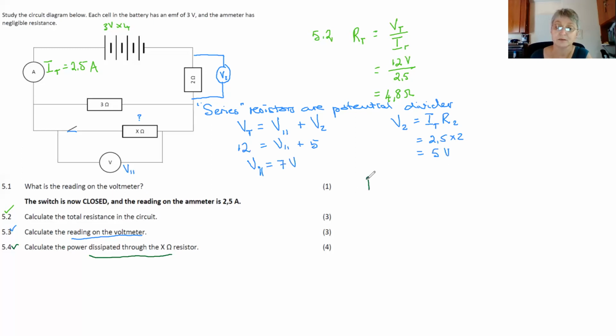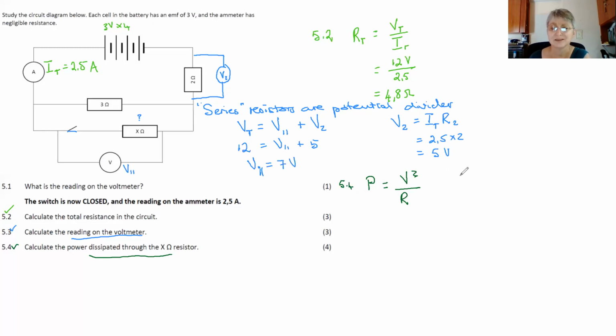Power dissipated through the X ohm resistor, 5.4. If I had the voltage across that, and the resistance, I could use this equation. Do we have the voltage? No. Can we get the voltage?